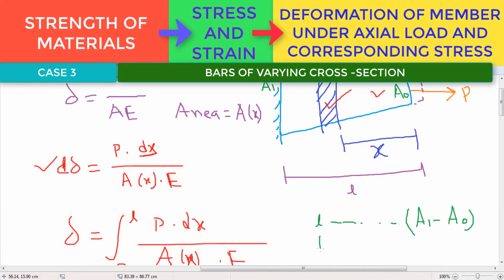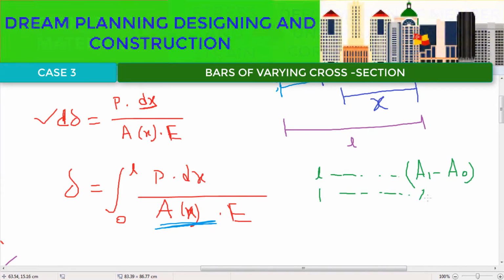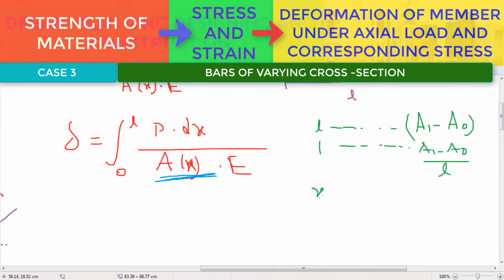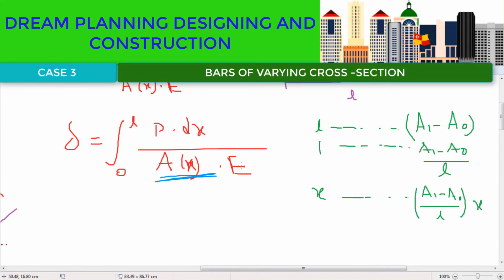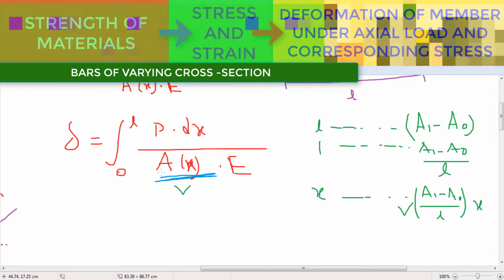For unit length, the change of area is (A1 minus A0) by L. And for x length, the change in area is (A1 minus A0) by L into x. So we can put this area in this place and calculate δ.